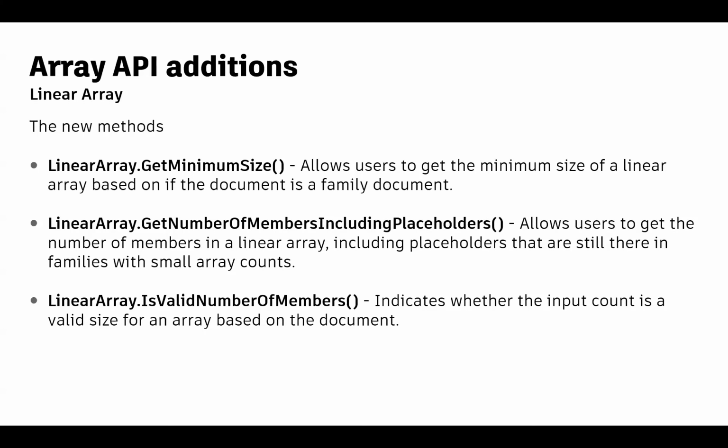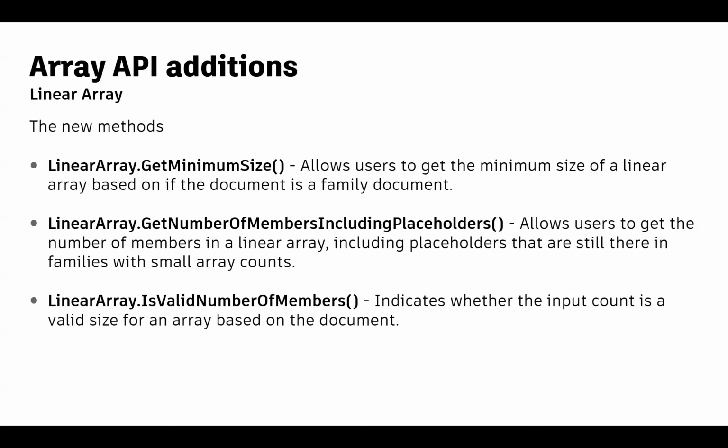There are some additions to Array API. It is mostly based on the ability to create parametric arrays in families with more flexible abilities. Arrays in families can now have 0 or 1 element versus arrays in project, where the minimum number of elements in array is 2.